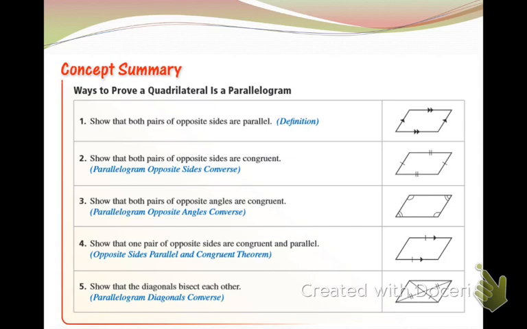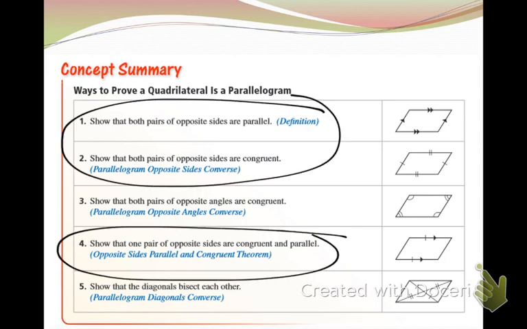So even though these are literally saying the same thing, if it doesn't show that they're both congruent and parallel, the fact that they're parallel or congruent is enough. So you don't have to have opposite sides both congruent and parallel. They could just be parallel or they could just be congruent, and that would still be enough information to prove that a quadrilateral is a parallelogram.